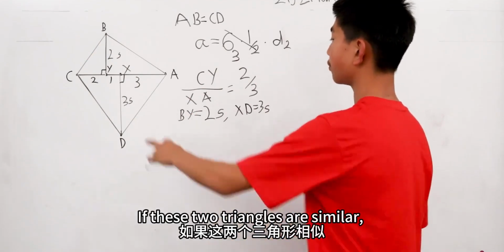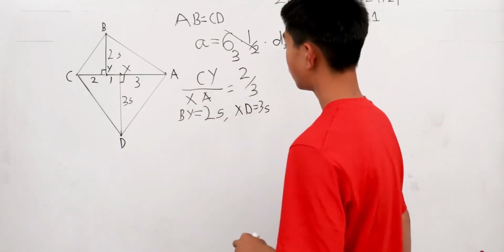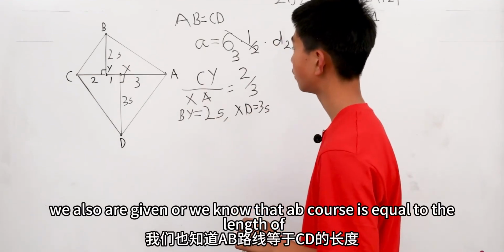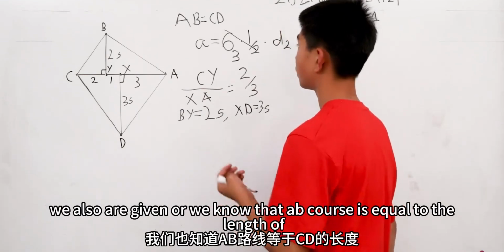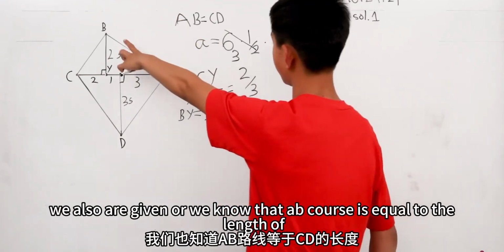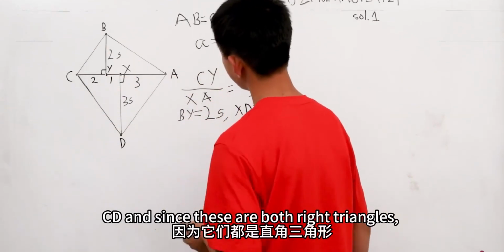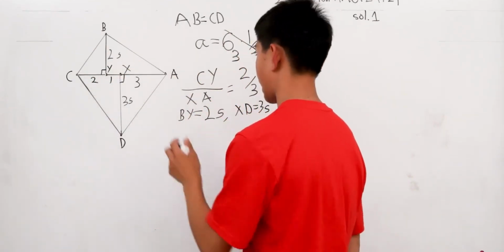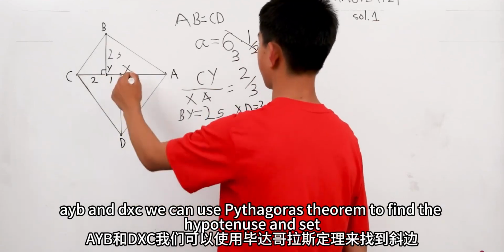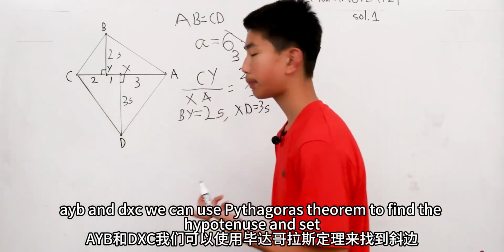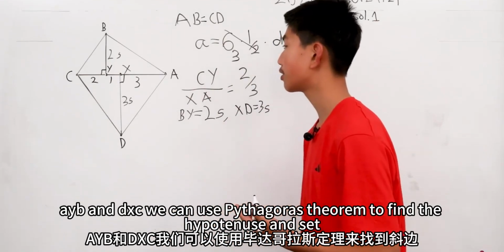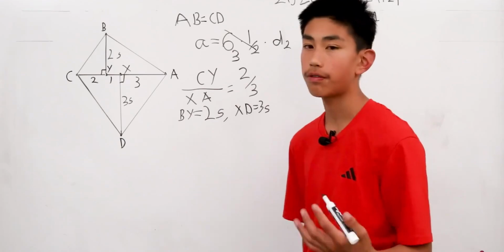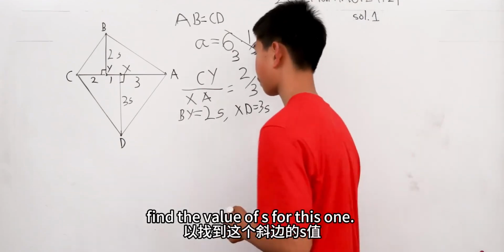Well, if these two triangles are similar, we also know that length AB is equal to the length of CD. And since these are both right triangles, AYB and DXC, we can use Pythagoras' theorem to find the hypotenuse and set them equal to each other to find the value of s.